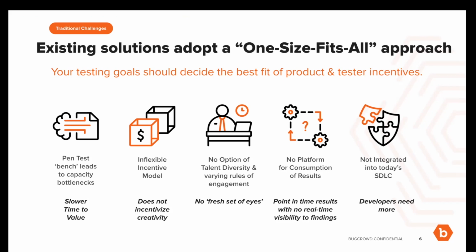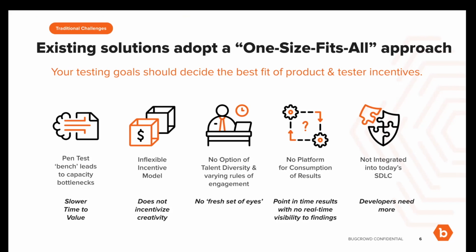Could be 5, could be 100, could be 1,000, but there's always a defined capacity on how many penetration testers the company employs. And what that means is, if you need a pen test tomorrow, it's possible that all the pen testers are utilized somewhere else for a different pen testing engagement.